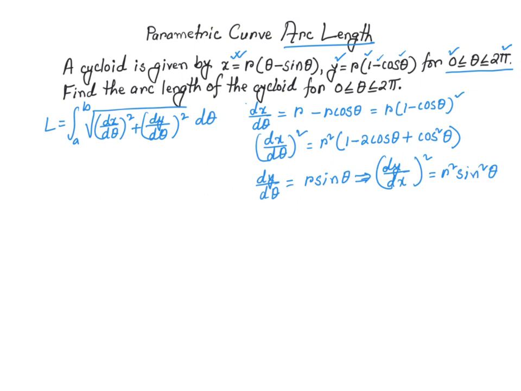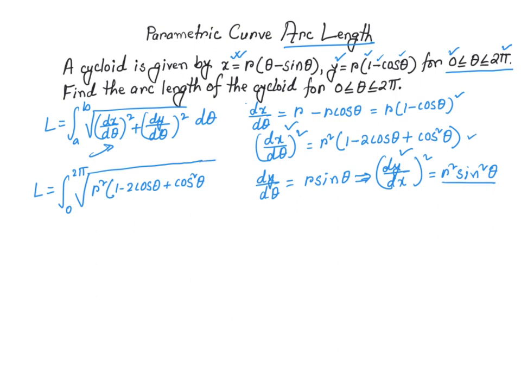Now I'm going to take this value and plug it into this integral along with the limits of integration. So that's going to give me L, the arc length, integral 0 to 2 pi of the square root of r square times 1 minus 2 cosine of theta plus cosine square of theta, then plus r square sine square of theta.